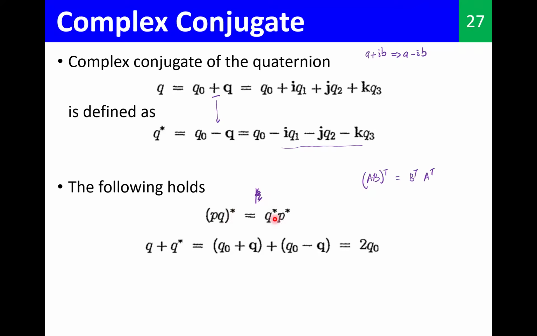So in the same manner, for the quaternions also, we have the complex conjugate of the product of quaternions would be Q star P star, right? And next is if you add Q and Q star, then of course you know that these two will disappear and it will give you just 2Q, the scalar part, right?